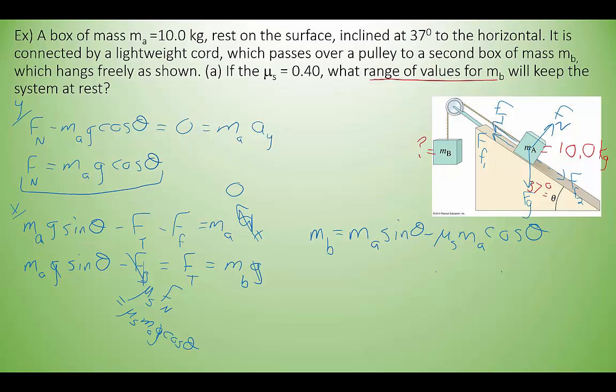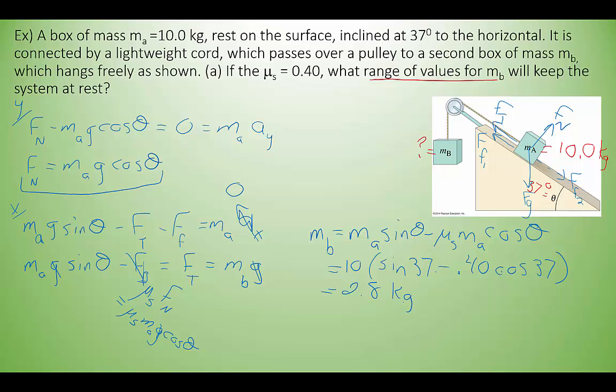Okay, so if we plug in the numbers that we know, MA is 10, and that's in both, so I'm going to pull that out, times the sine of 37 minus 0.40 times the cosine of 37 degrees will tell us that the mass of B is 2.8 kilograms.